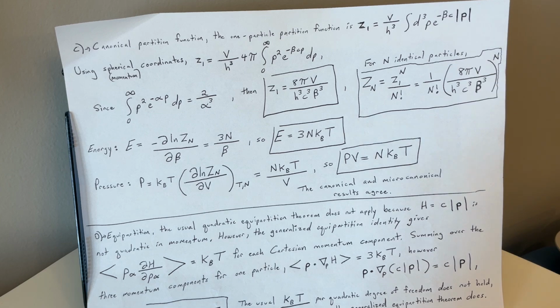And for n identical particles, Z_n equals Z_1 to the n over n factorial. That equals 1 over n factorial times the quantity 8 pi V over h cubed c cubed beta cubed, raised to the n.